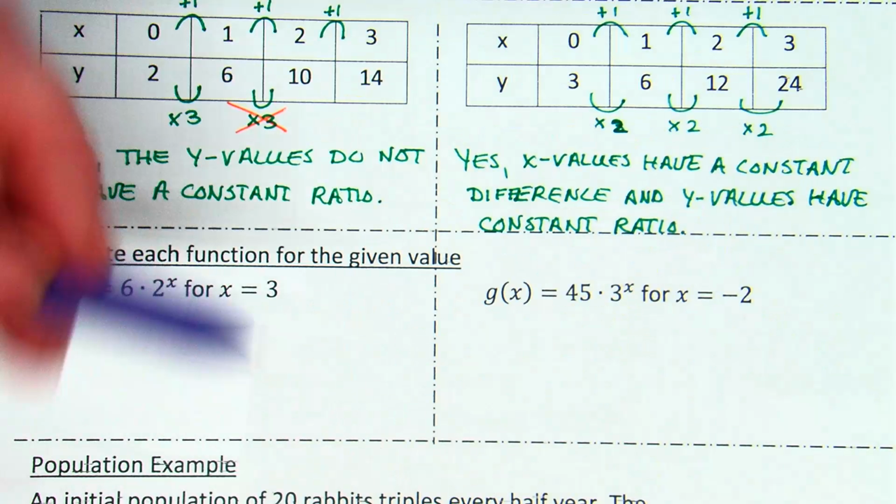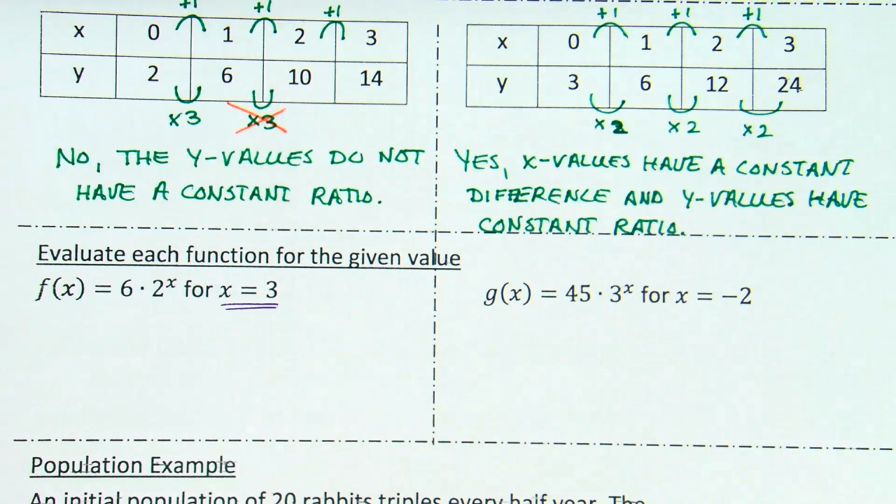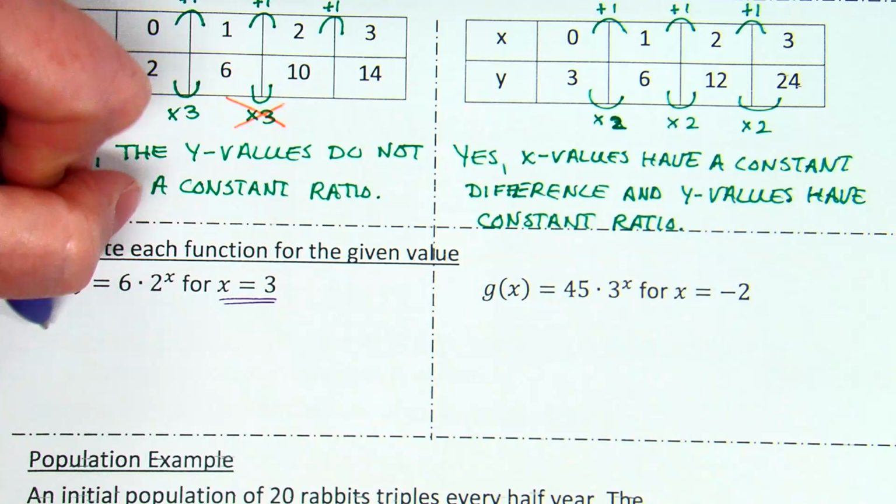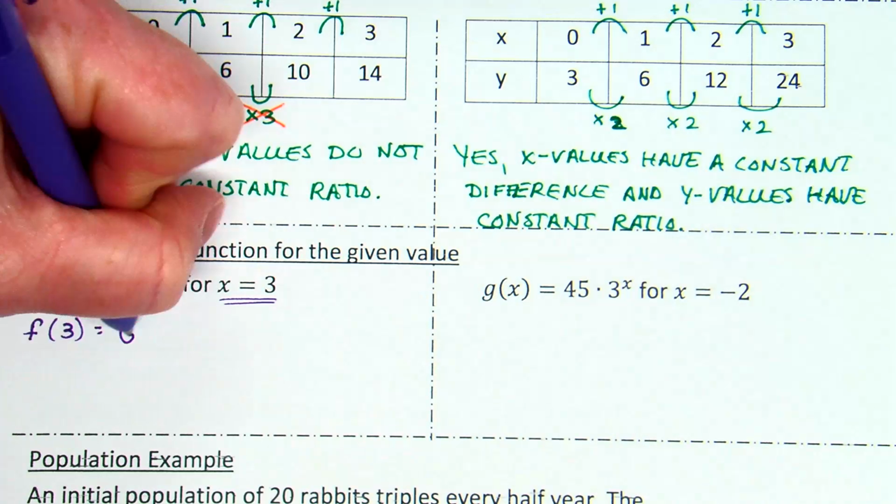So if it says for x equals 3, what am I going to do? 6 times 2 to the third. Yeah, every place I see an x, I'm going to replace it with 3. So officially, it's f of 3 we're trying to find, but it's 6 times 2 to the third.